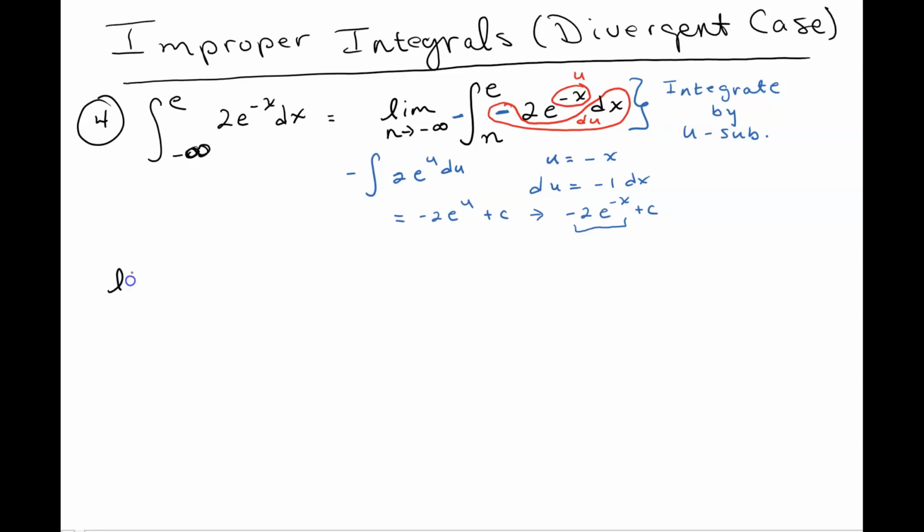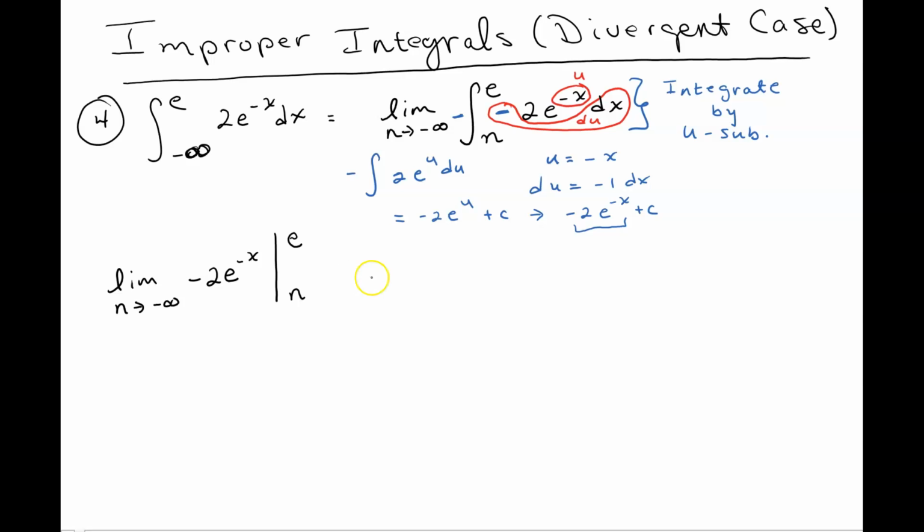So we take this to be the limit as n goes to negative infinity. And we know that the result of the integral there is going to be negative 2 e to the minus x, and we're going to evaluate this from n to e.